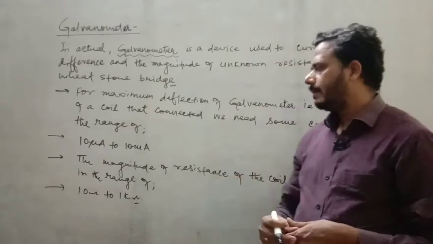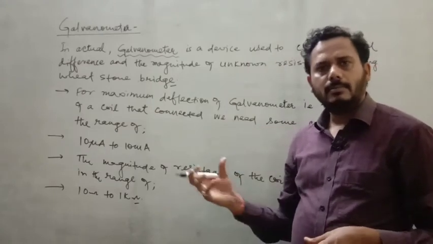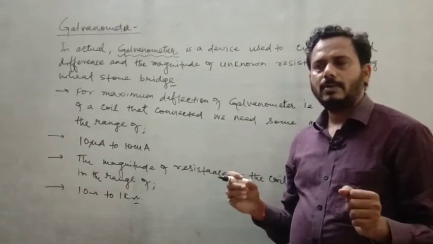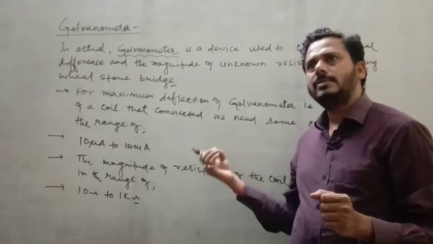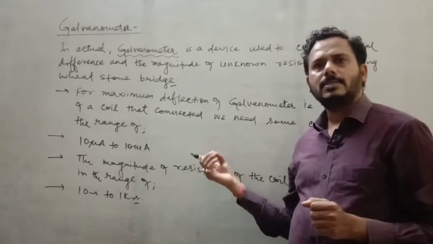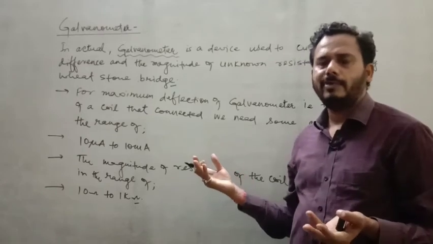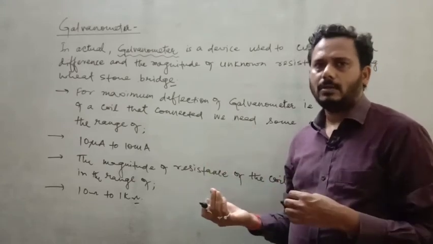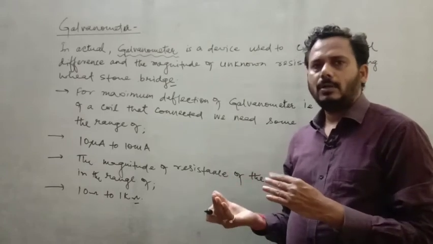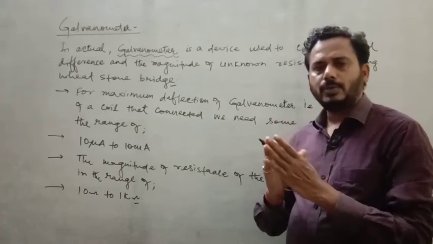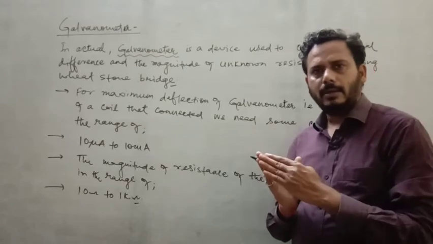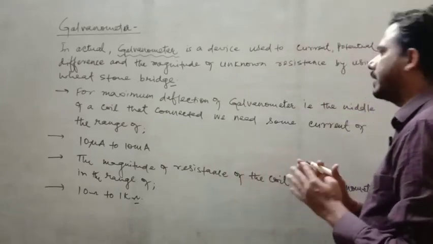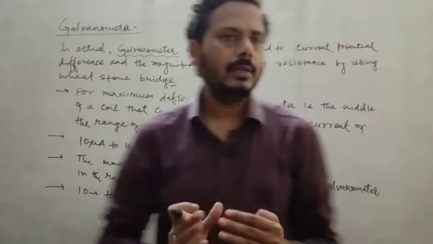Now from here we can find the potential difference across the galvanometer. If a coil has resistance and some current is passing through it, it produces a magnetic field, and due to that there is a torque acting, and due to the torque your needle together with the coil gets deflected. So its deflection is from 90 to 120 degrees.